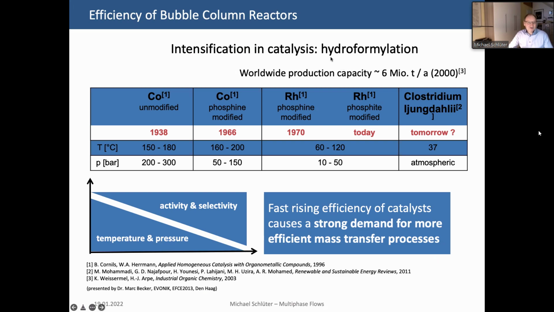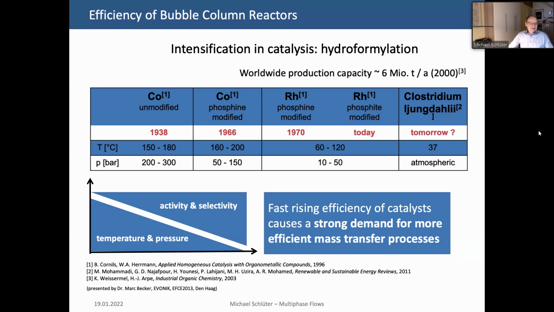It's a bulk product that is used for example for polymerization reactions. And you see here the huge amount that is necessary. So the worldwide production capacity is 6 million tons per annum. This is a very old number, 20 years old. I guess today it will be much more.